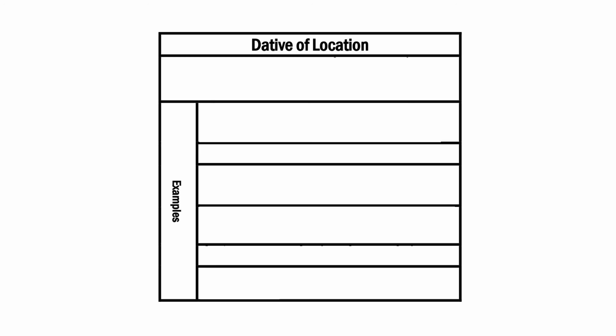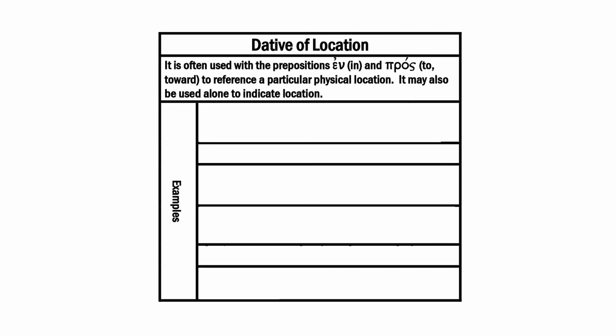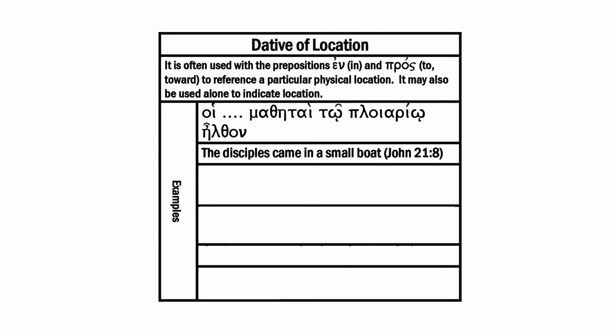Next is dative of location. It is often used with the prepositions en and pros to reference a particular physical location. It may also be used alone to indicate location. Hoi mathetai to ploiario elthon. The disciples came in a small boat, John 21:8.